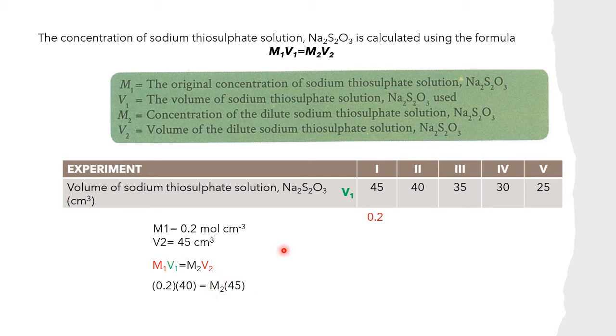Jadi concentration yang terbaru untuk eksperimen number 2 for the sodium thiosulfate is equal to 0.18 mole per centimeter cube. So concentration dah berubah. Jadi bila awak masukkan nilai-nilai ni dalam formula, awak akan dapat concentration yang beginilah. So as the volume of the sodium thiosulfate decreases, the concentration of sodium thiosulfate also decreases.